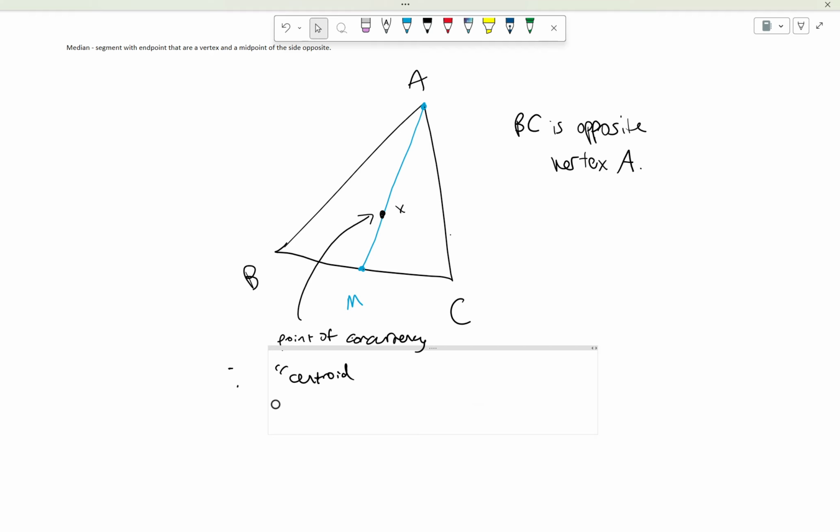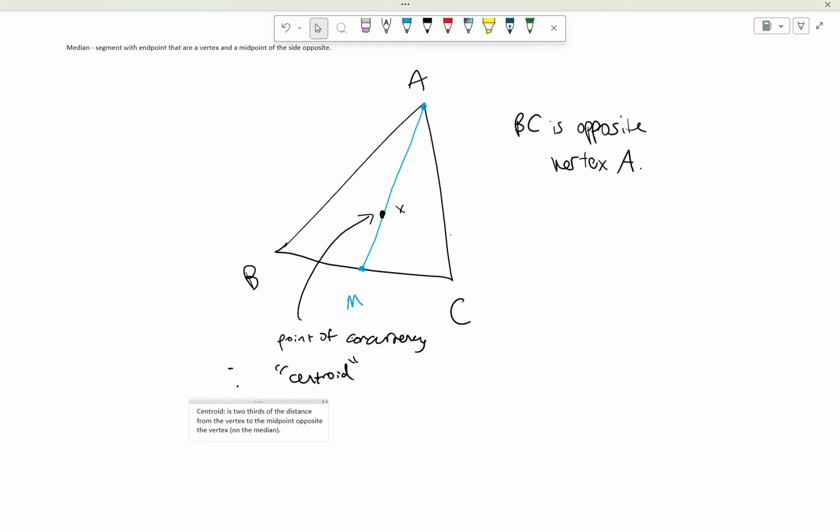We're going to go over this in class, the four types of points of concurrency that we have. And here is the definition of a centroid. A centroid is 2/3 of the distance from the vertex to the midpoint opposite the vertex, which is on the median.